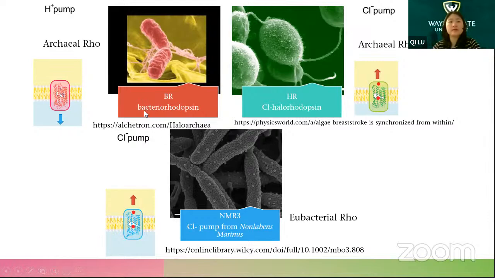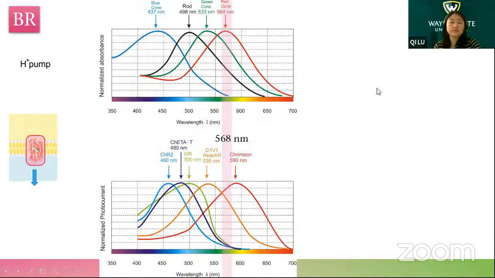Bacterial rhodopsin is a proton pump that pumps out the proton, and halorhodopsin and MR3 pump in the chloride.